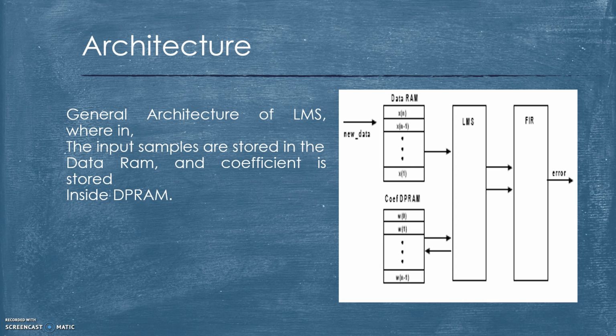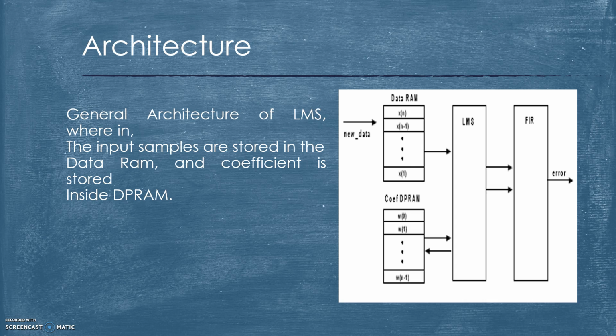So we were provided with a 24 tap 1000 samples MATLAB code through which we generated the coefficients, and by using those coefficients the actual design of the adaptive filter was created.